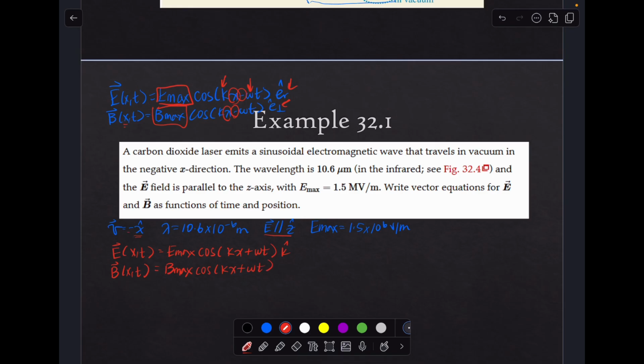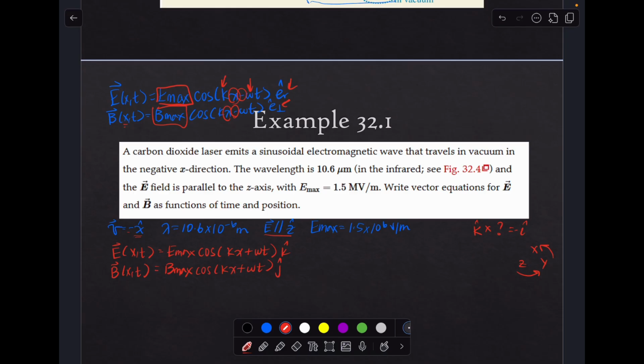And let's see, k hat cross what gives me negative i hat? So we would be going x, y, z, i, j, k. That's z cross y would give me negative x, right? Because I'm going counterclockwise.